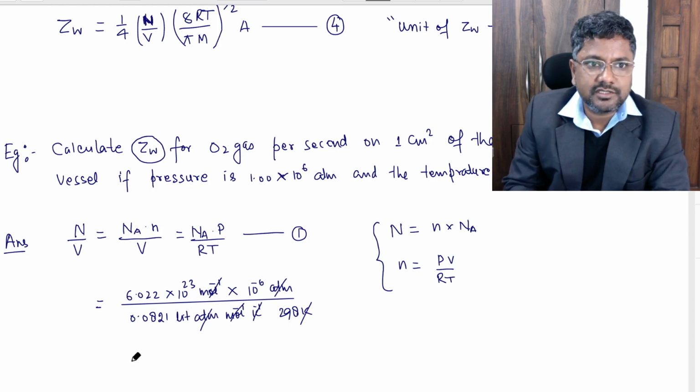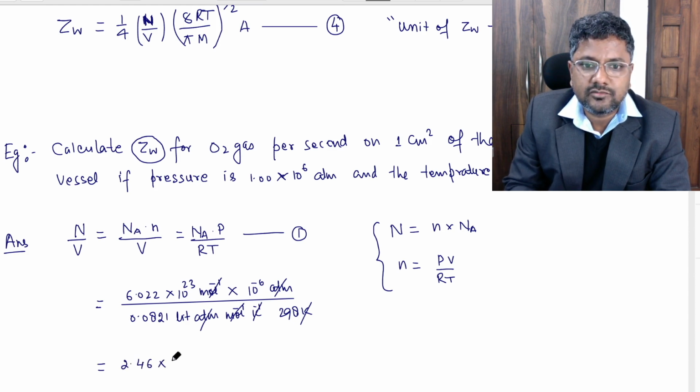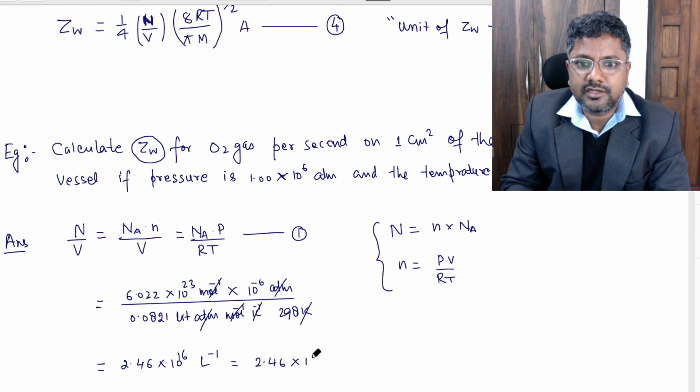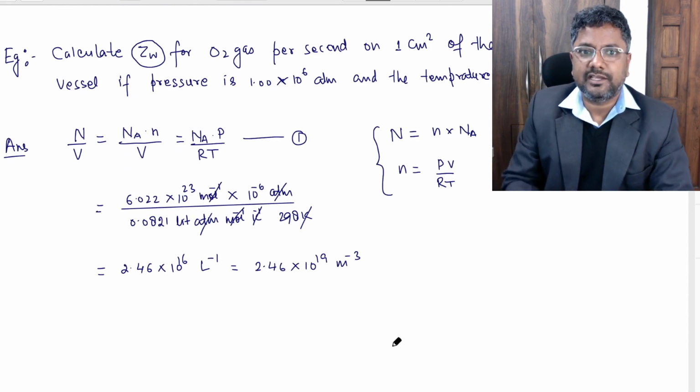This is equal to 2.46 into 10 to the power 16 per liter, which is 2.46 into 10 to the power 19 per meter cube. So we have calculated N by V.